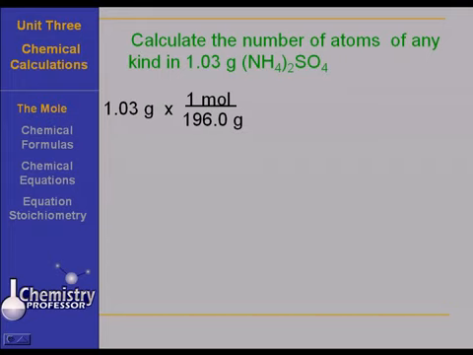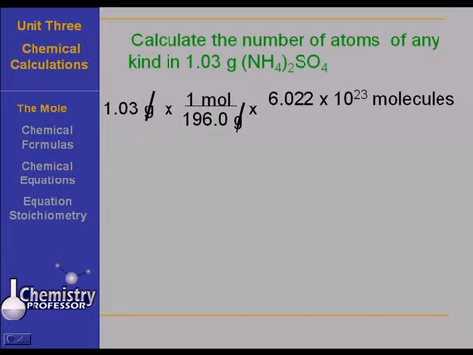Now we are at moles of ammonium sulfate. Now let's find out how many molecules we have. Grams cancel, that's why we know we're at moles. Times 6.022 times 10 to the 23rd molecules per mole, and moles cancel. So this tells us now that we have a certain number of molecules of ammonium sulfate, if you will.